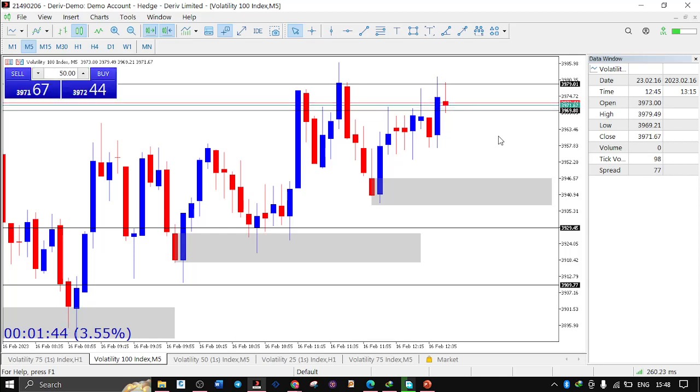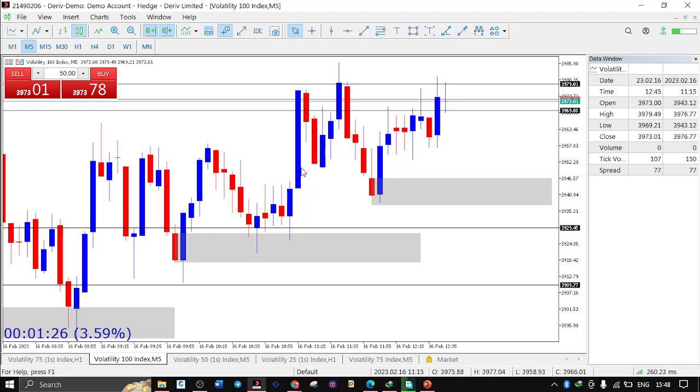I've made some point. So according to you, what I can see on your screen, you see those two blue candles, the big ones that are following each other, these ones.